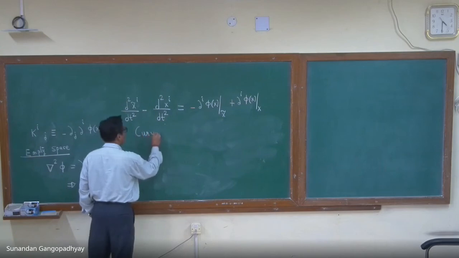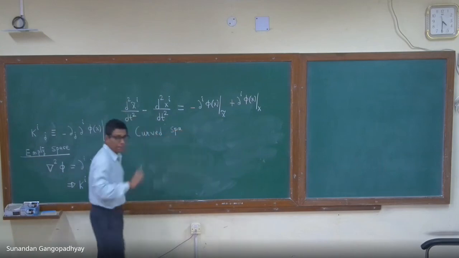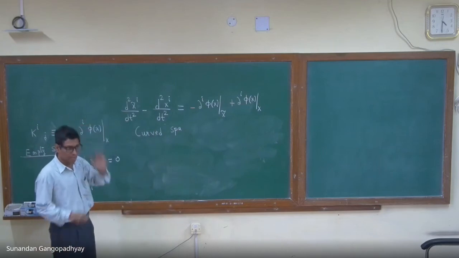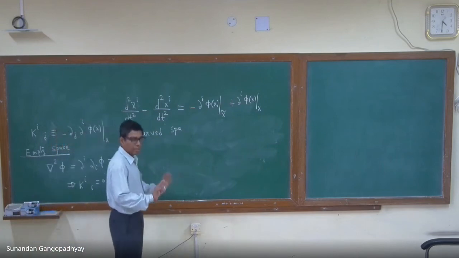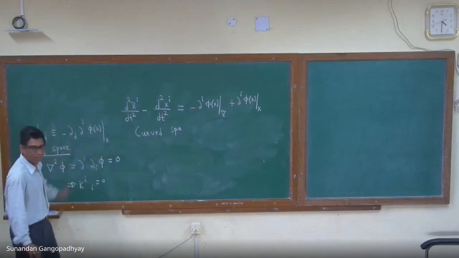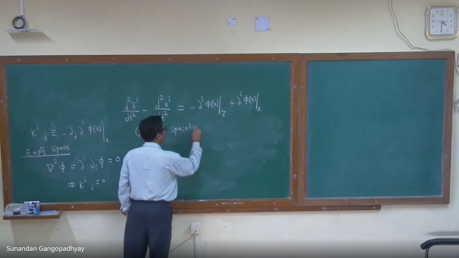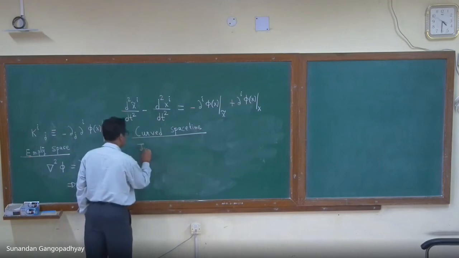Now let us go to curved space time. So our first aim, by the way, is to find an equation involving the geometric quantities in empty space. We want to find the equation in empty space because the empty space equation is the simplest. Here we make the jump.